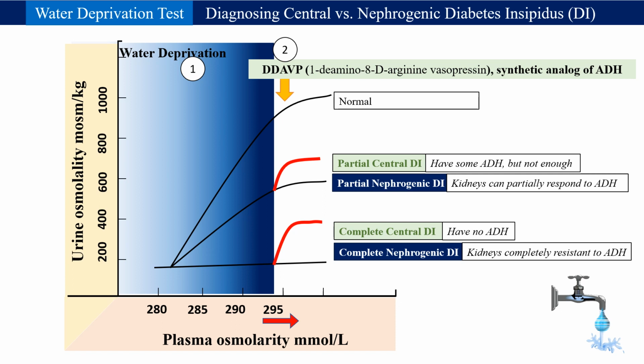The urine osmolality in patients with either partial or complete nephrogenic diabetes insipidus remains unchanged with DDAVP administration because their problem is having resistance to ADH, not the lack of ADH.